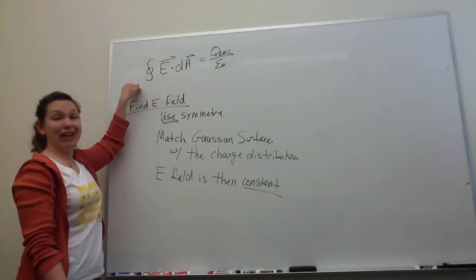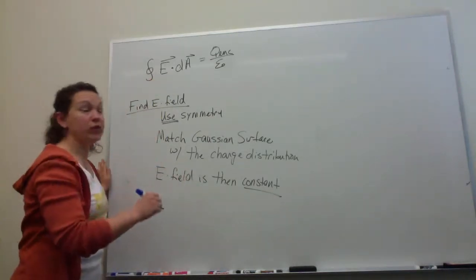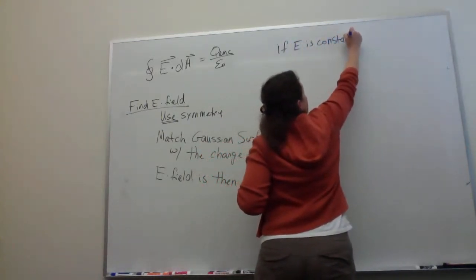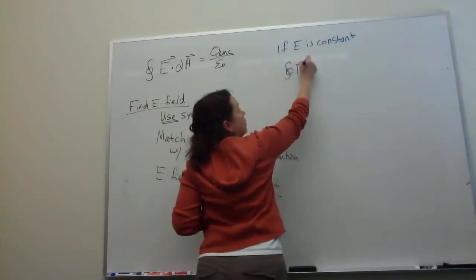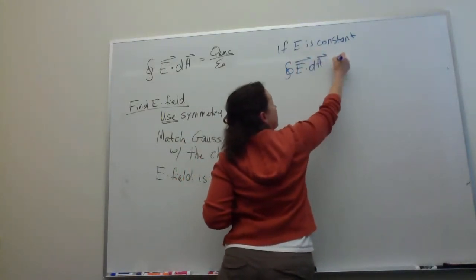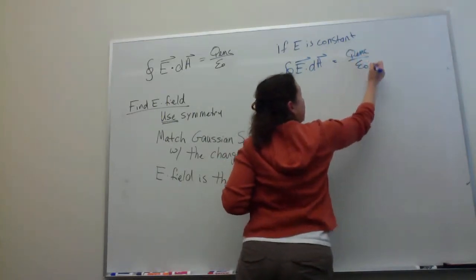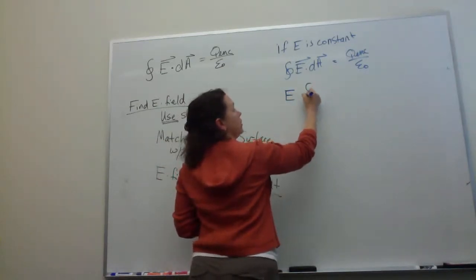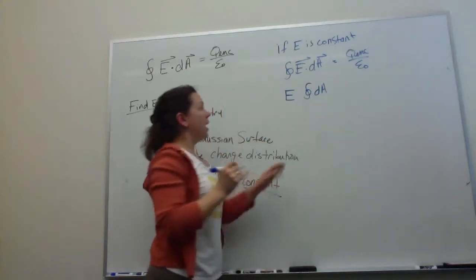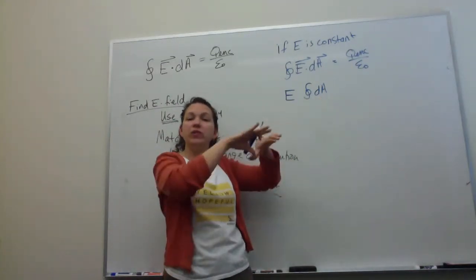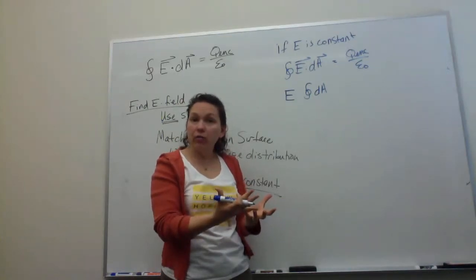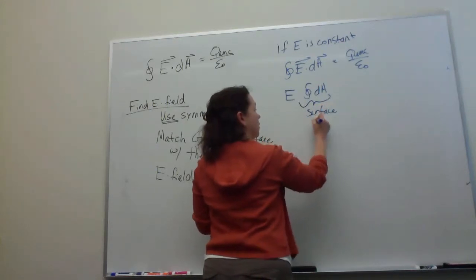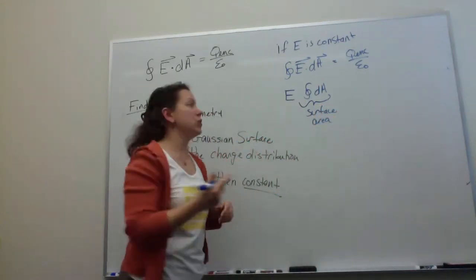So the electric field is constant. You can pull the electric field out of the integral. Let me go over to this other part of the board. If E is constant, you're able to pull it out of the integral, and what you're doing is adding up all the little bits of surface area around your shell, so this is just surface area of some closed surface.